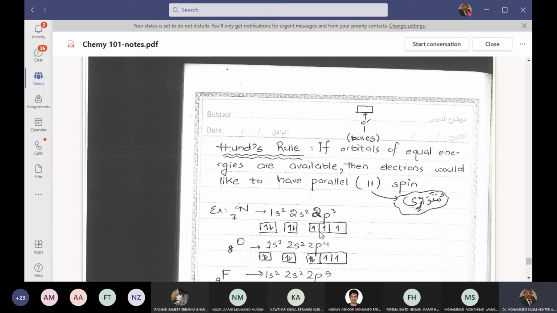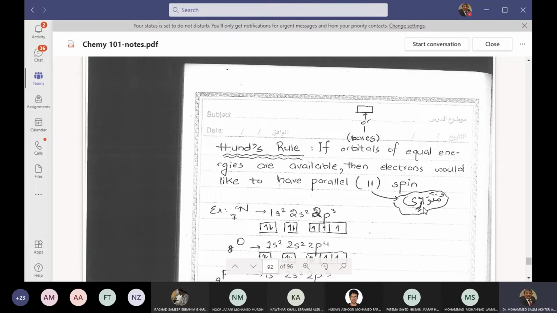Because according to Hund's rule, if orbitals or boxes are available of equal energy, these 3 boxes are of equal energies, then electrons want to have a parallel spin.